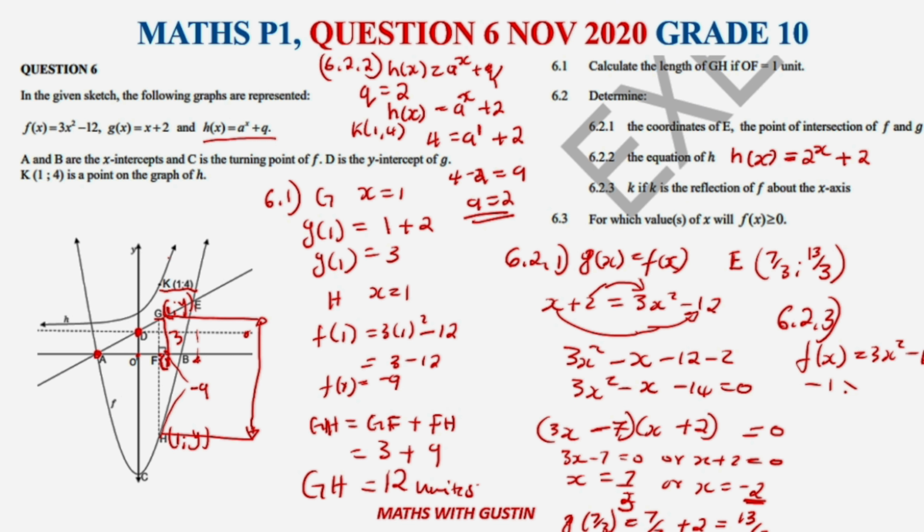Multiplying everything by -1 gives us the new graph, which is going to be -3x squared plus 12. And that's your equation, guys, and that's how you would deal with this one.